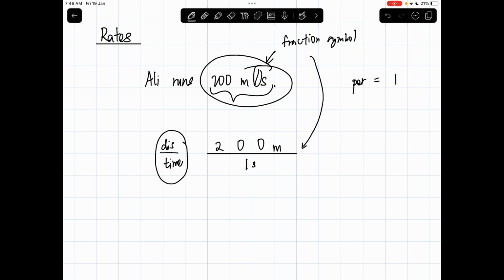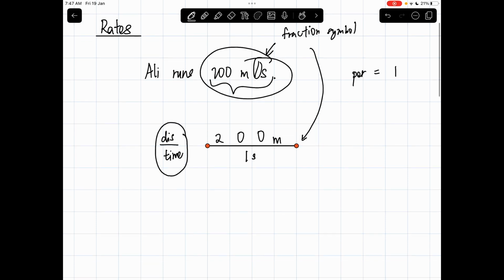And this entails that 200 meters of distance can be covered in 1 second. This is how rates work. It's referring to one unit, in this case distance, in regards to another unit, which is seconds.